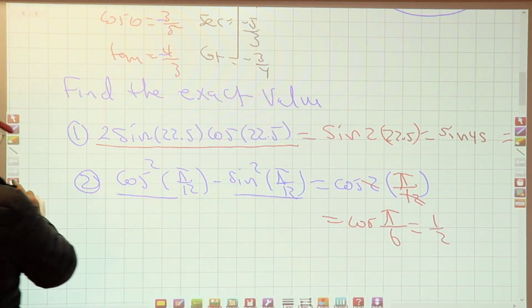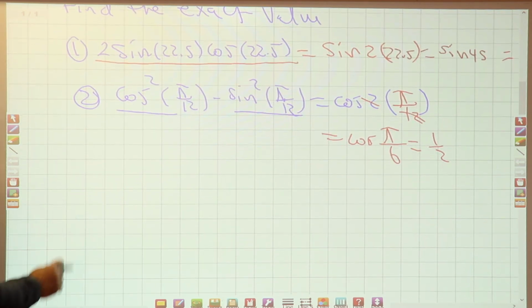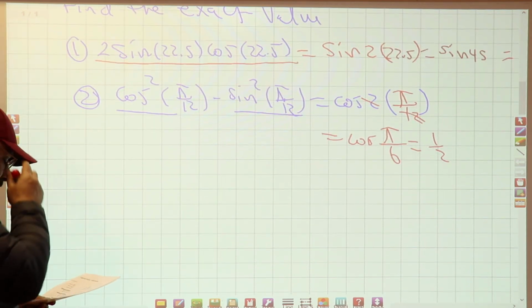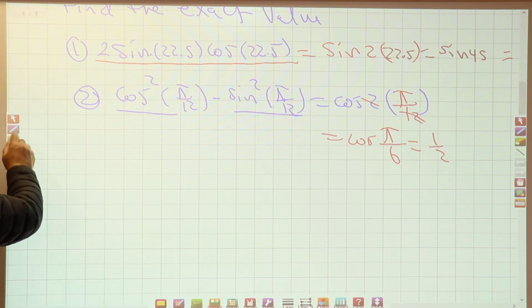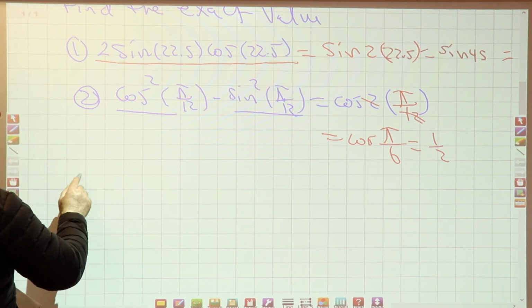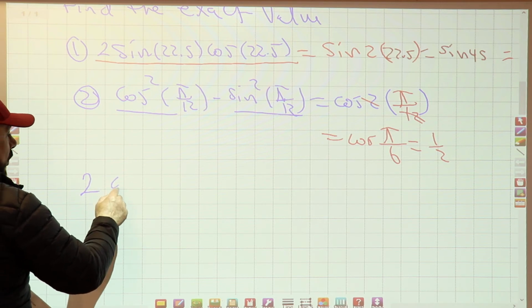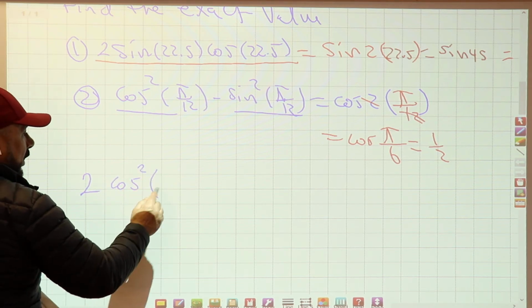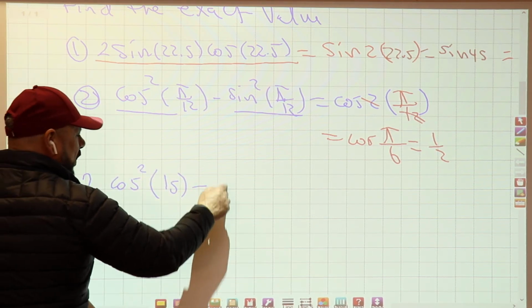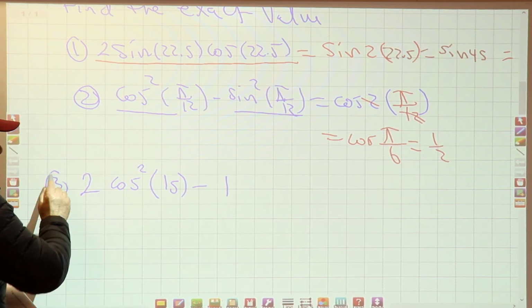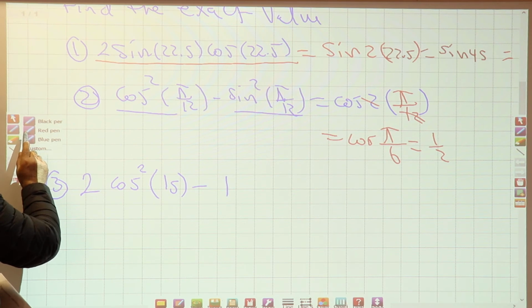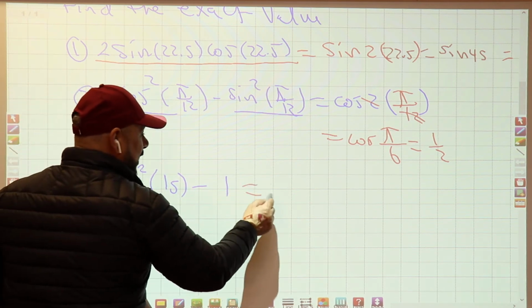Also, I can have many examples like this. Another example: 2 cosine squared 15 minus 1. What does this remind you of? Again, the same thing, cosine.